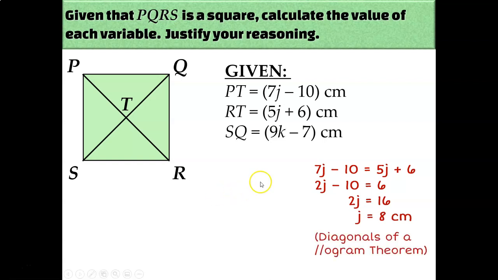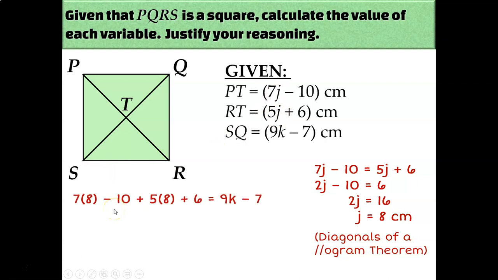Cool. Well, the other thing that we're supposed to solve for is k. K is representing the length of SQ. SQ is an entire diagonal, and since this is a square, I know that the diagonals are congruent to each other. So if I knew the length of PR, I could set that equal to 9k minus 7. Well, we could figure out the length of PR by plugging in 8 for each of these j's.